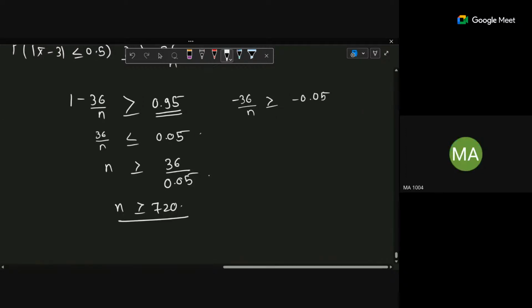Okay, as discussed in the last session, 4 is greater than 3. But minus 4 and minus 3, which is greater? Minus 4 is less than minus 3, correct? So if we change the sign, 4 and 3, is it correct? It's not correct.